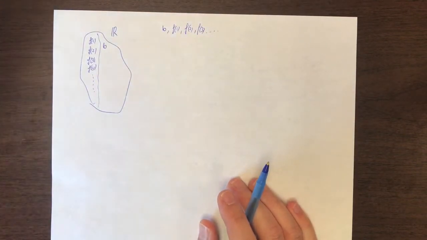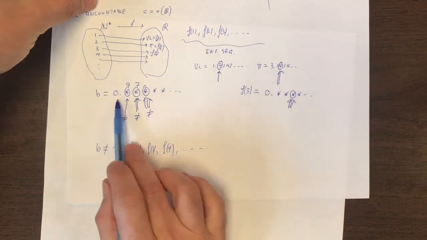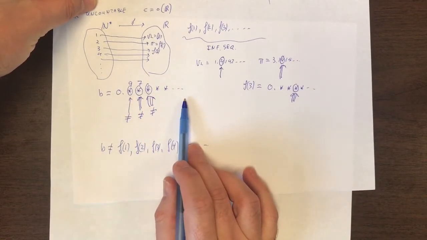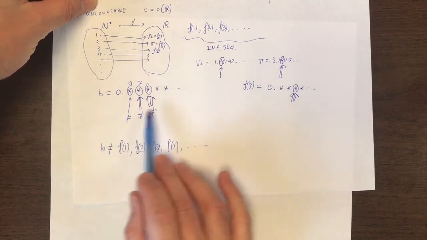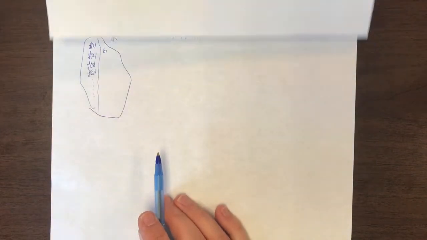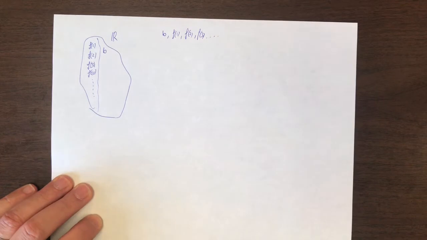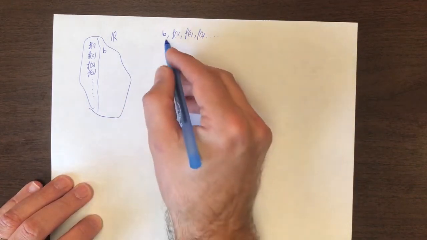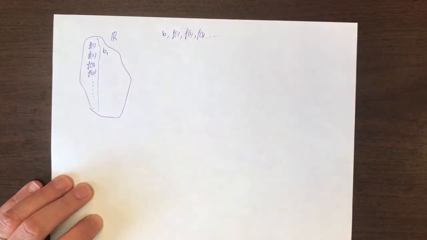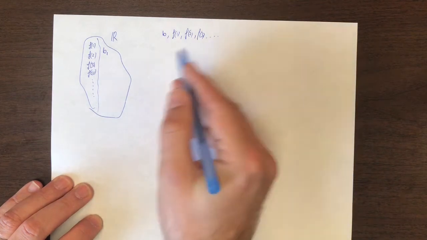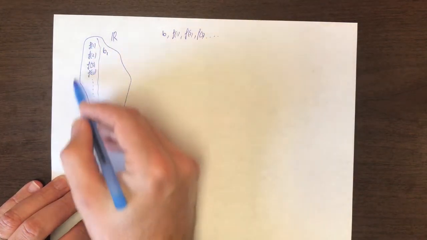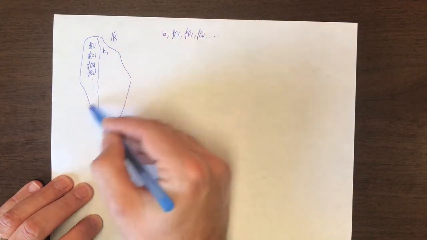You can apply the same trick to that new sequence, and it will give you another number not in this sequence. So if I call this B1, then the same trick gives me another number B2 that isn't in here.